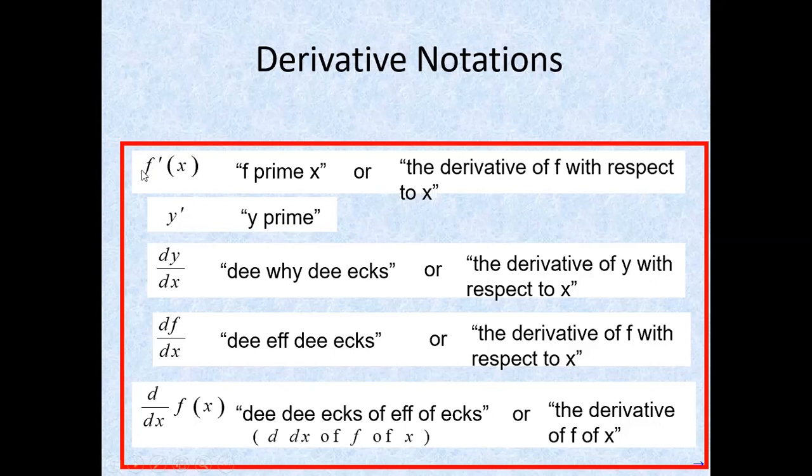This is equal to y prime. Y prime means f prime of x. So it's also equal to dy over dx. All these notations represent the derivative with respect to x here.